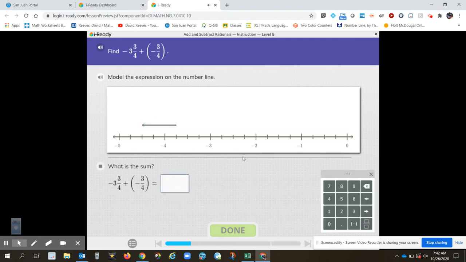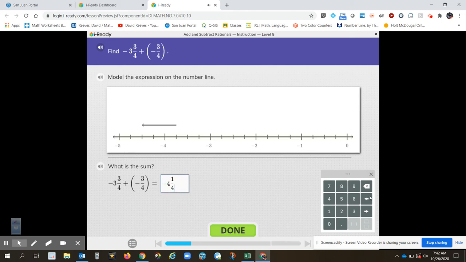So the sum would be negative 4, and then 2/4, all right? But this time instead, I'm going to make it 1/2.